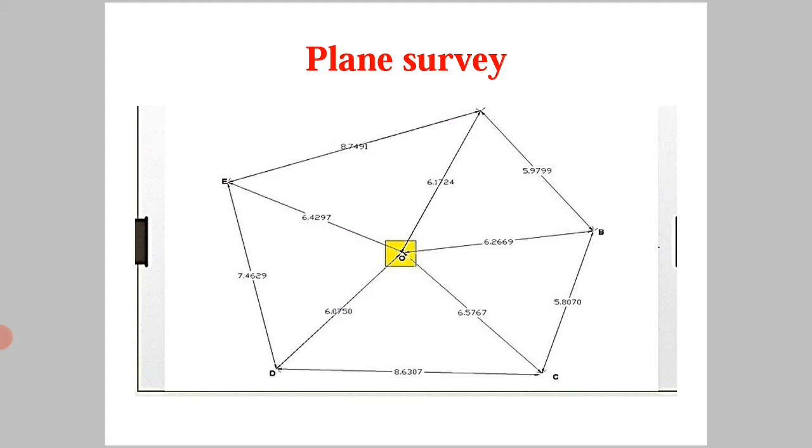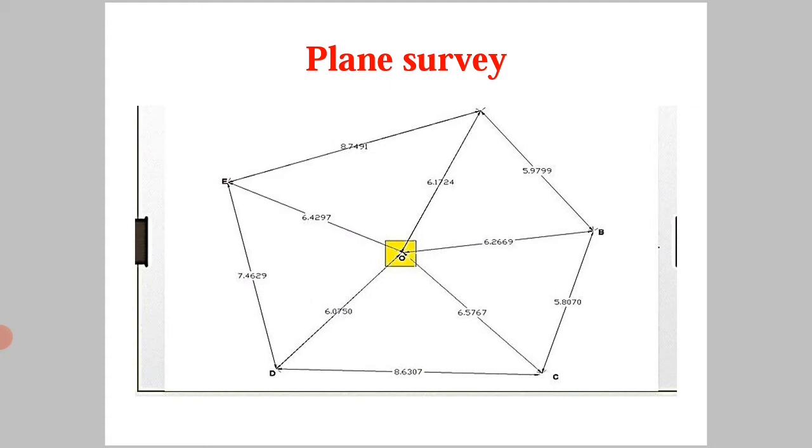And the triangle formed by any 3 points, in this diagram see the triangle DOC, COB, the triangle formed by any 3 stations is considered as a plane triangle, and the angles of the triangle are considered as plane angles.